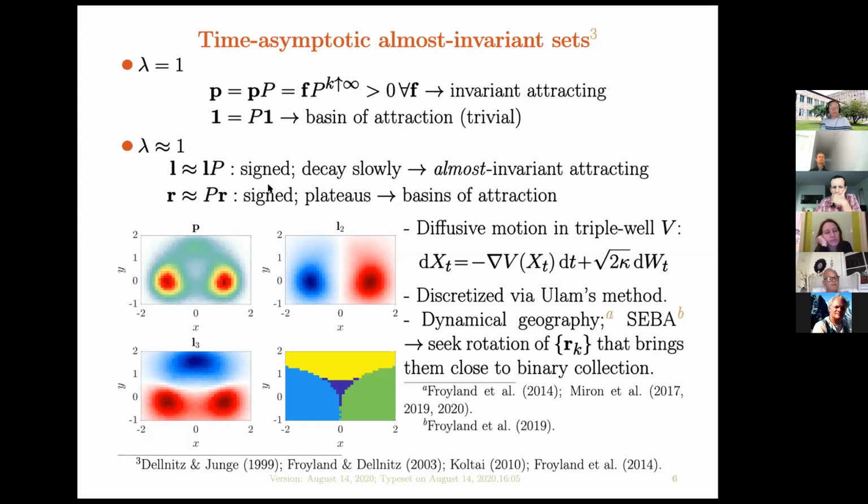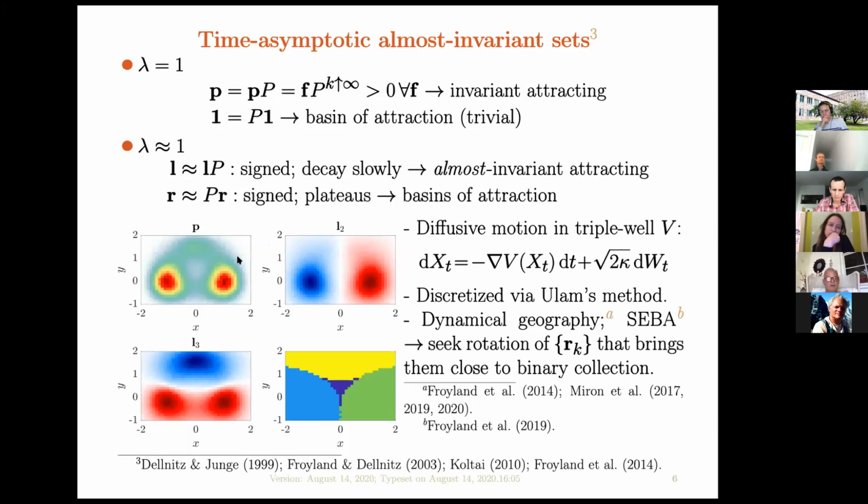The right eigenvectors tend to show plateaus. There are also sign densities, and they are expected to form basins of attraction for the almost invariant sets identified by the left eigenvectors. I'm showing this here quickly.